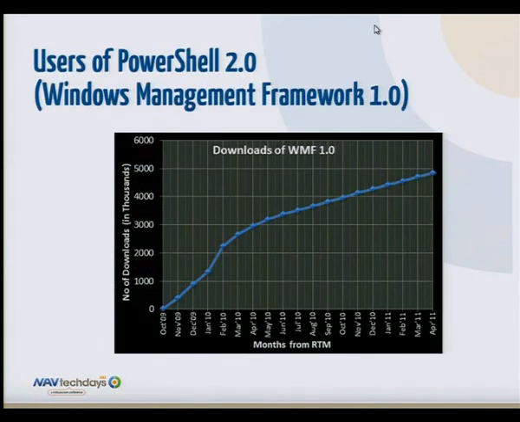Here I have a little graph of users downloading Windows PowerShell 2.0. You should remember that 2.0 comes along with Windows Server 2008 R2 and Windows 7, so those people do not need to download it. It's there, on by default. So this is people running older versions of the OS who need to download the Windows Management Framework that contains the remoting feature and Windows PowerShell.